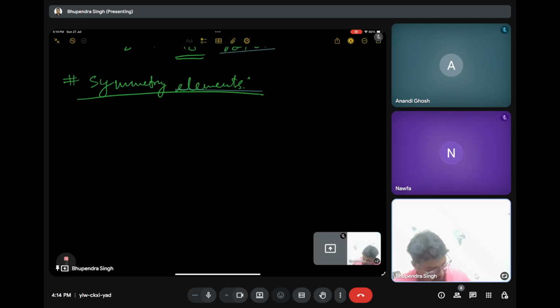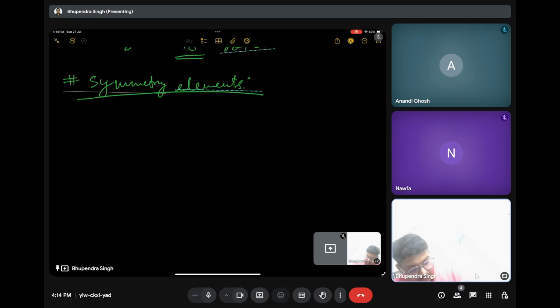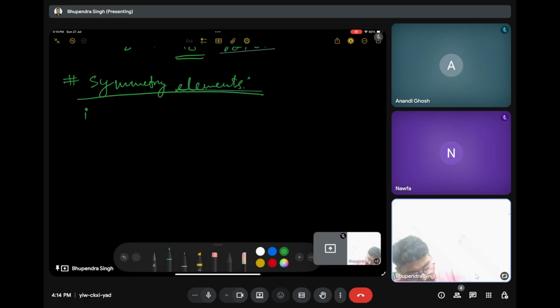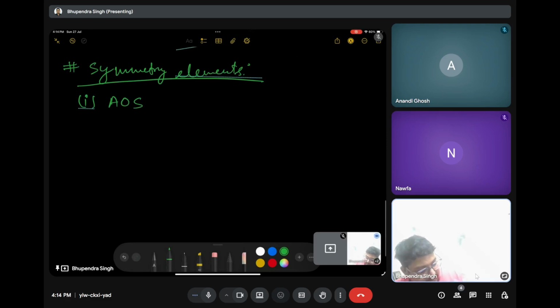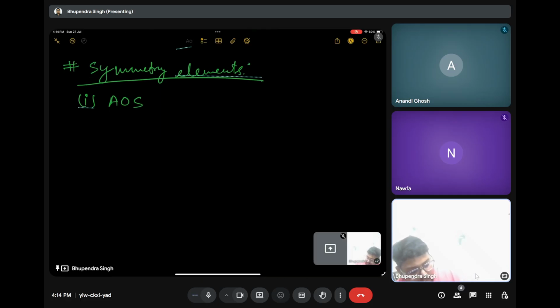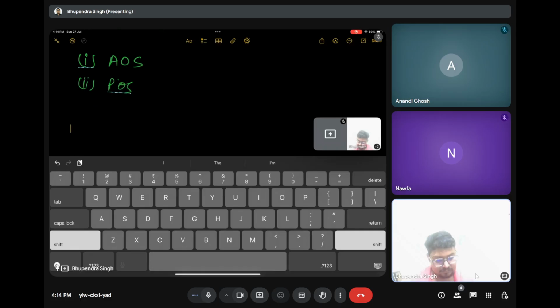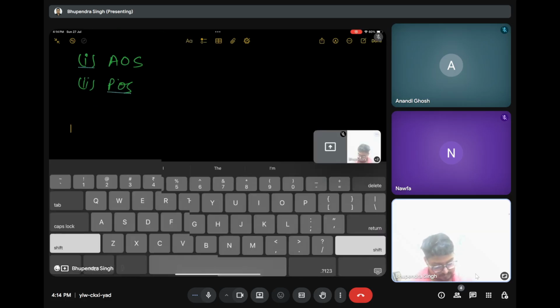First is the axis of symmetry, AOS. I am just writing the short-form abbreviation. Second one is the plane of symmetry.